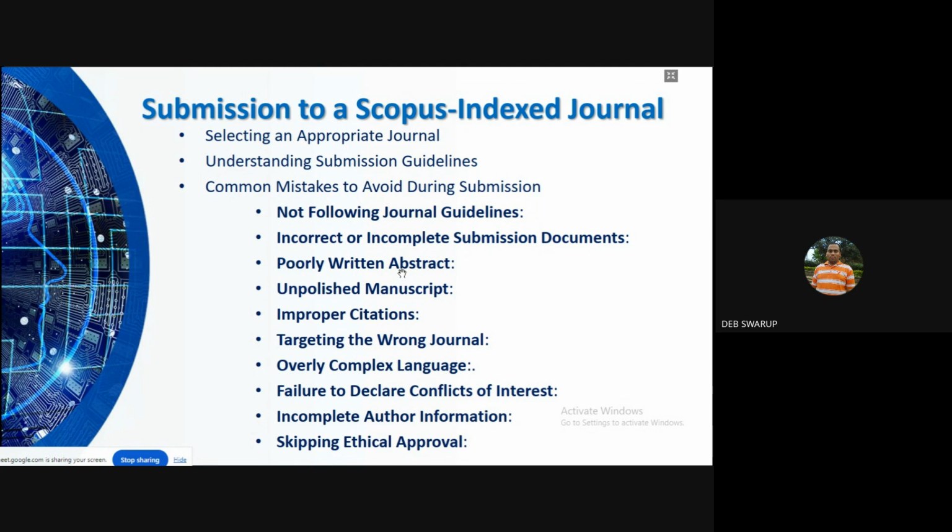Then unpolished manuscript. What does unpolished manuscript mean? There are manuscripts with language errors. How can that be resolved? You can go for Reverso. If Reverso is free, you take 500, 600 characters, that's around 5-6 lines, and go on checking, or you check it with Grammarly.